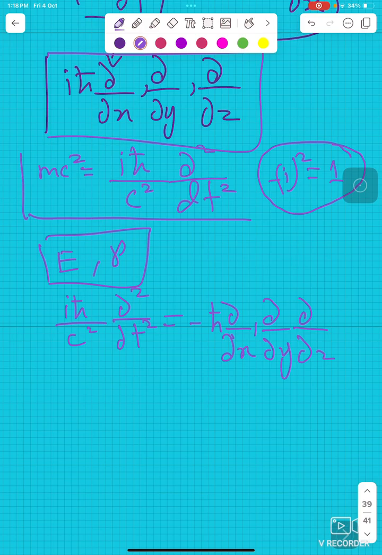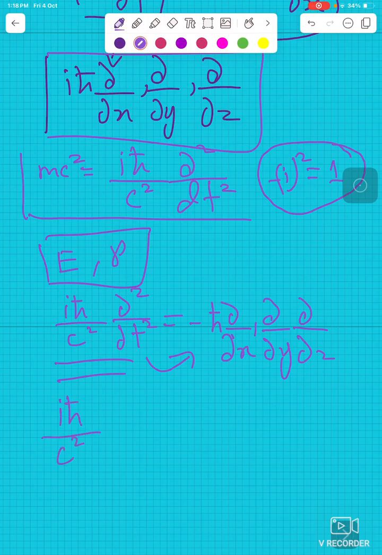Okay, now if I shift this over to that side, I should get i h over c square d square over dt square equals to, no, not equal, I'm shifting it, minus d over dx, d of dy and d of dz square.